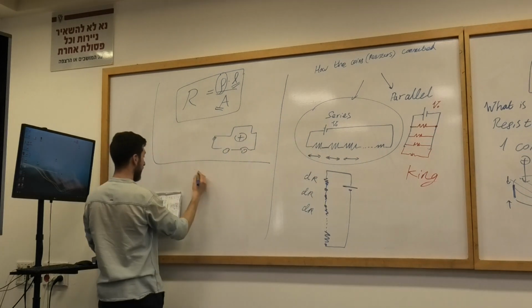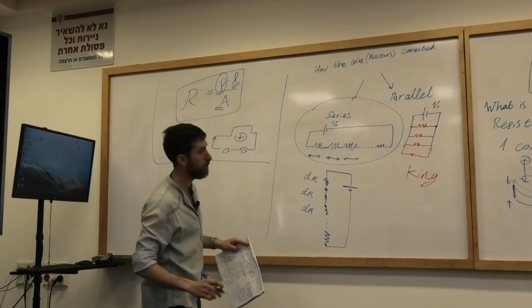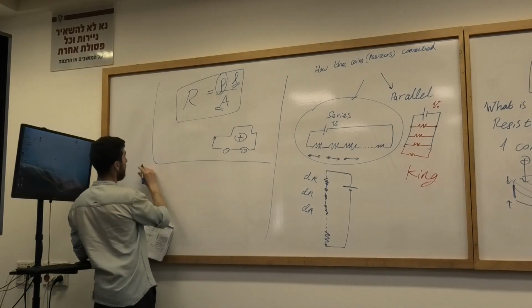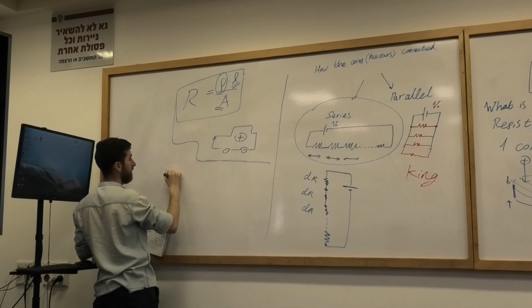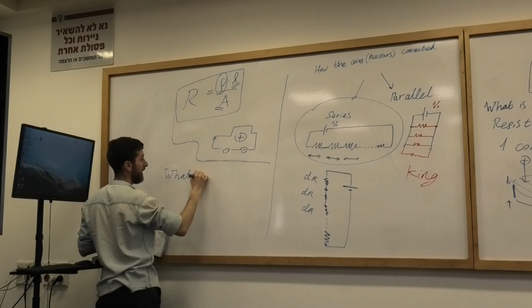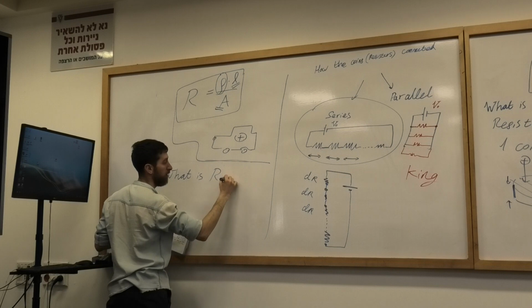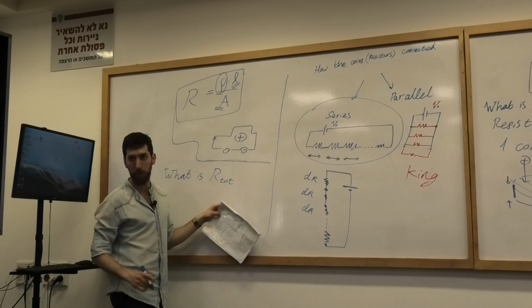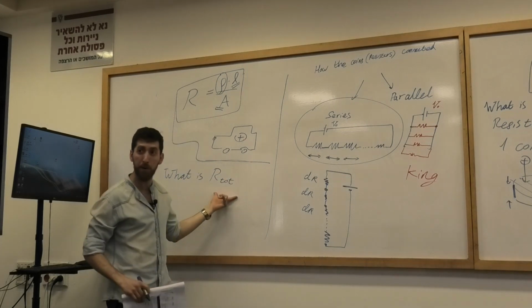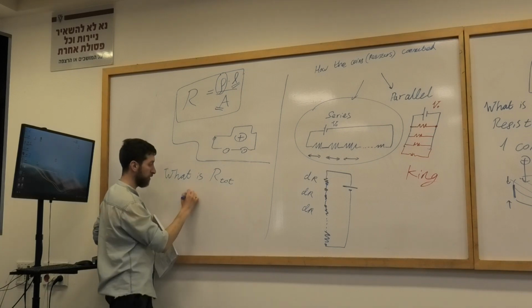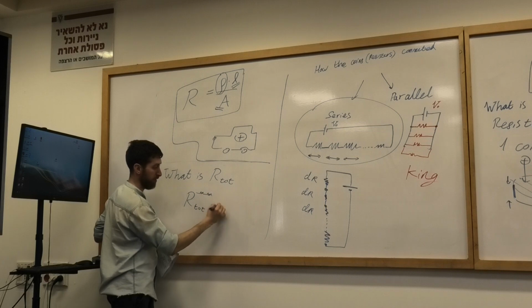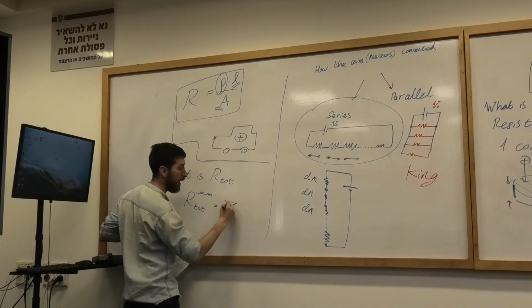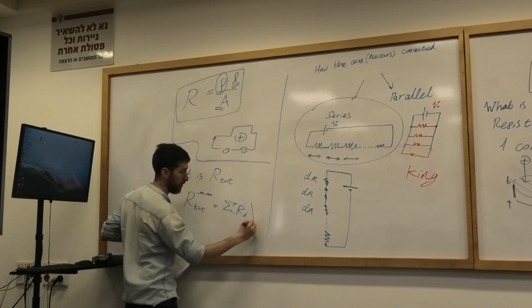So the next question is, what is R total? The equivalent one. And a good method to remember it is that R total, in the case of connecting in series, is just the sum of all the resistors.